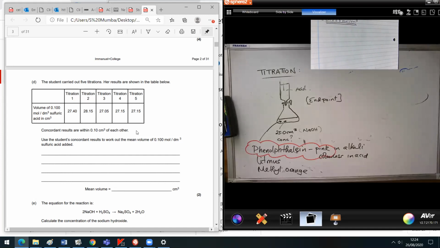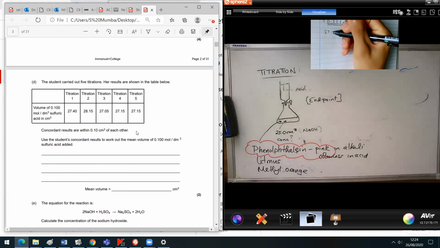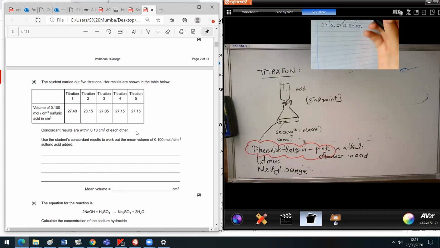Good. That one is in range, and 27.05, that's in range. Good. The 28.15 isn't, and the 27.40 isn't, so it's just these three. Just those three. Good.